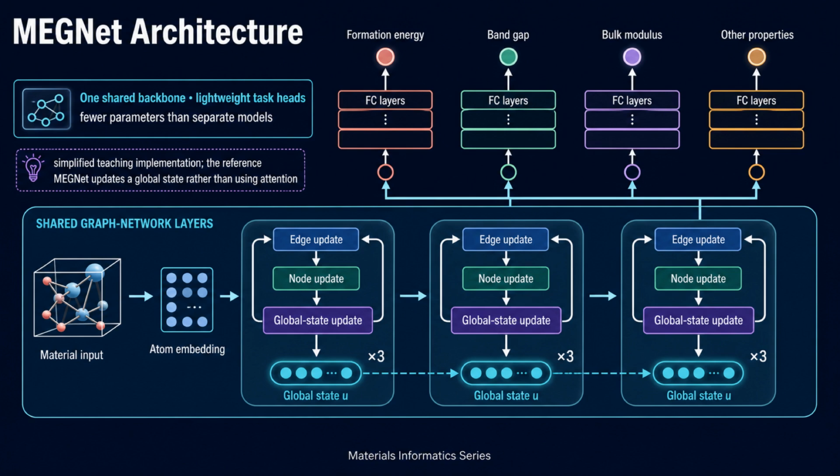One caveat: the reference MagNet architecture updates a global state vector alongside the edges and nodes rather than using attention, so treat what we build here as a MEG-net-style teaching simplification. Each property, like formation energy or band gap, has its own final prediction layers. This shared then-specific structure enables efficient parameter use while maintaining task-specific flexibility.